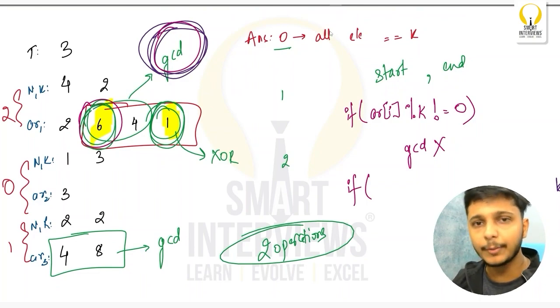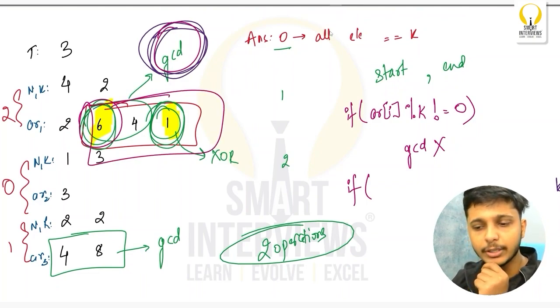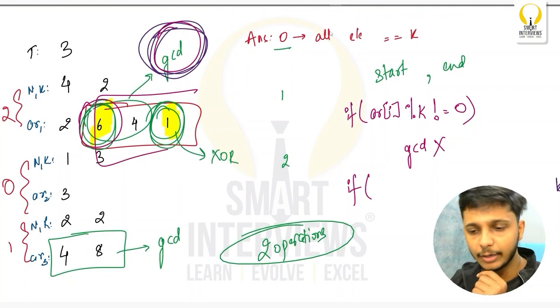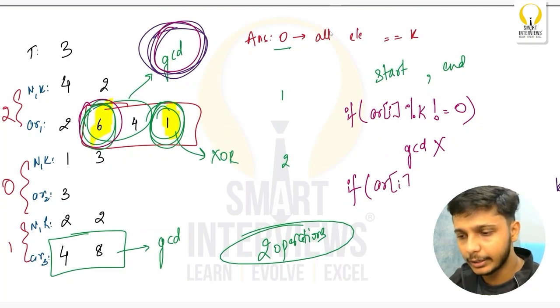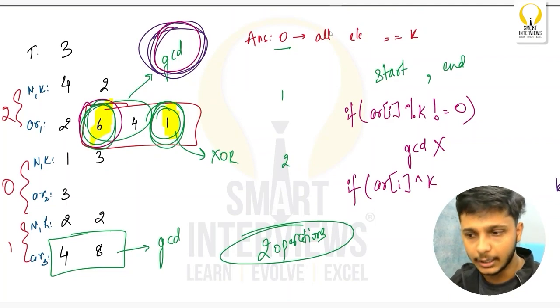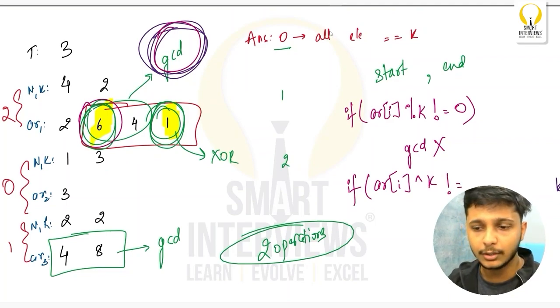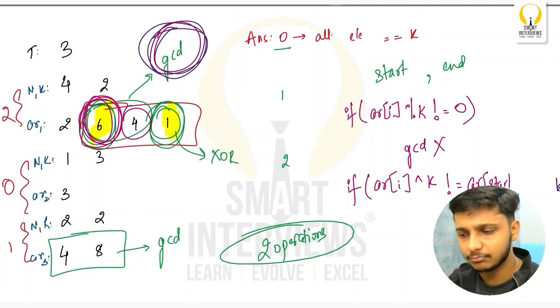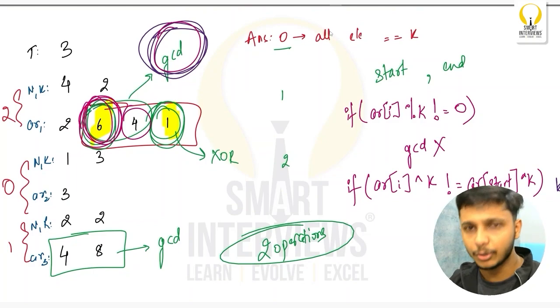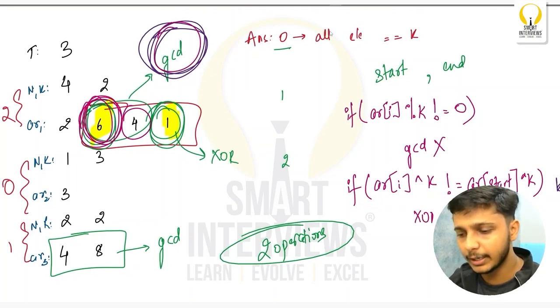If I'm applying XOR, all the values XOR should be same, right? All the values XOR should be same. So let's say if array of I XOR with k doesn't give the same value as I got when performing XOR of any other element with k, let's say array of start XOR k, if I don't get these values same, then I cannot apply XOR as well.